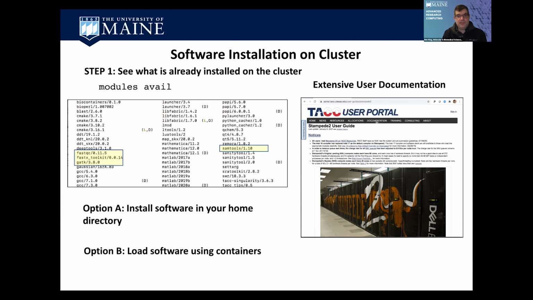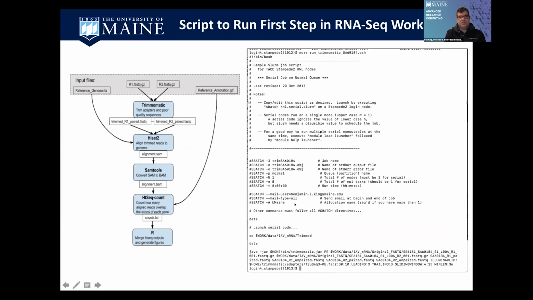So once you have the software installed, then you would write a script to actually execute the software. So this is the first step in this process, trimming adapters and low quality reads with software called Trimmomatic in this particular workflow.